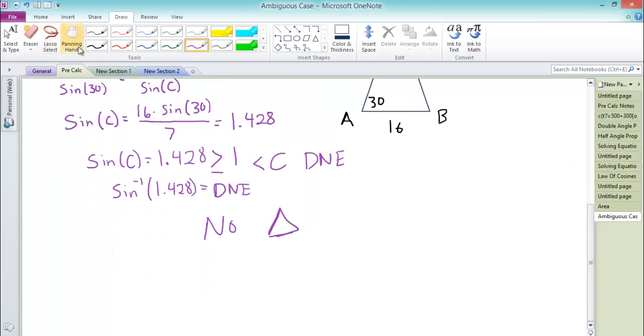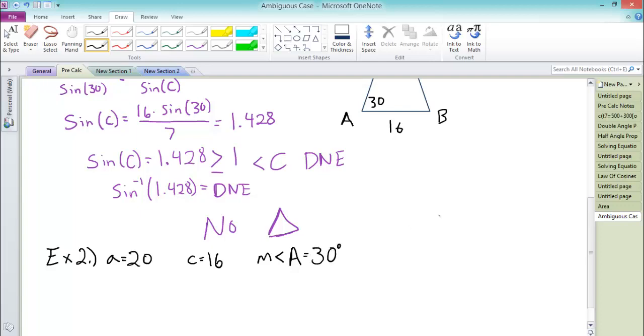Why don't we move on to the second case? The second case we're all familiar with, and this is when we get one answer and only one answer. So example number 2: little a is equal to 20, little c is equal to 16, and the measure of angle A, once again, is 30 degrees.